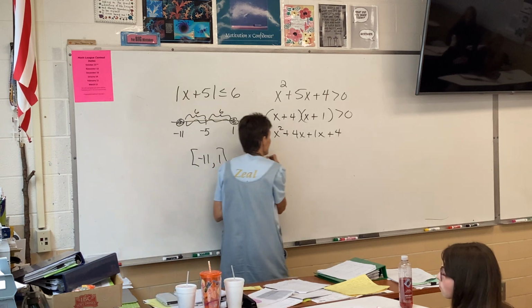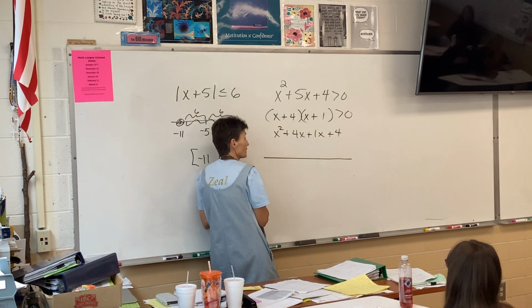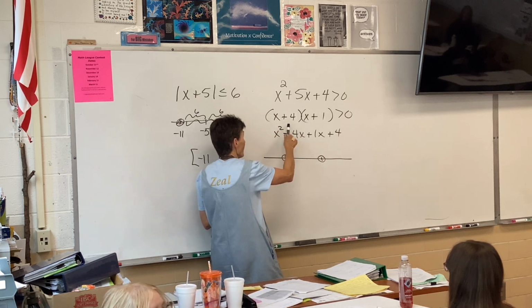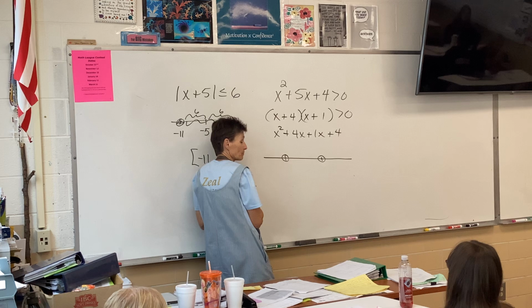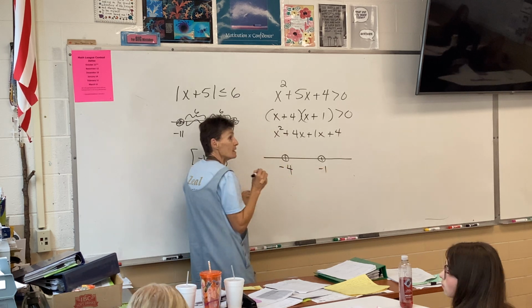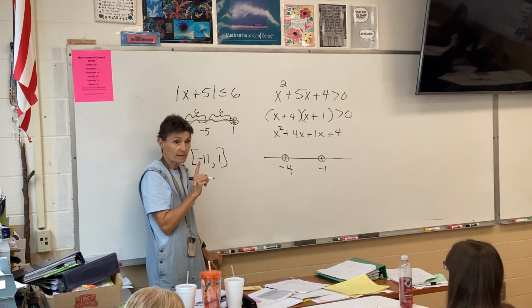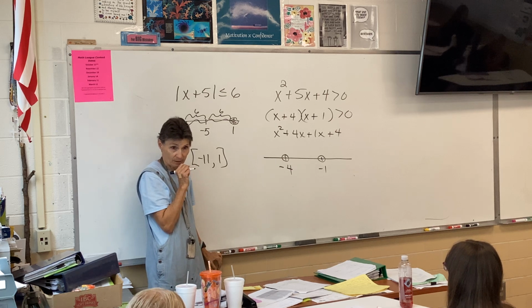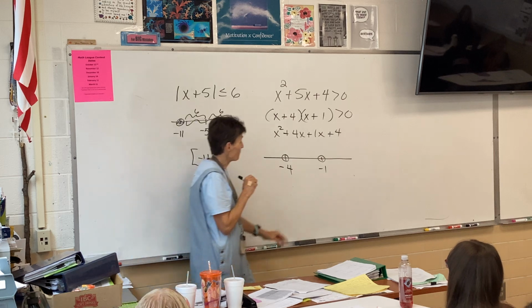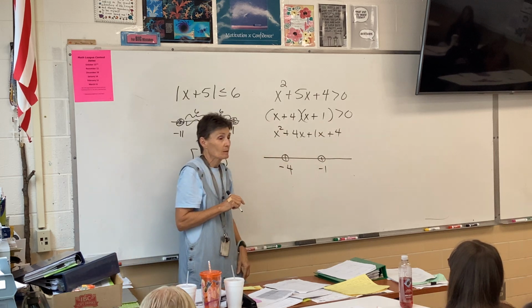This is right. So I'm going to draw a number line. Again, 2 dots on the number line. Where will these dots be? -4 and -1. And I'm very careful about where I put them. They need to be in the right order. And then I look at my problem and it's a greater than.